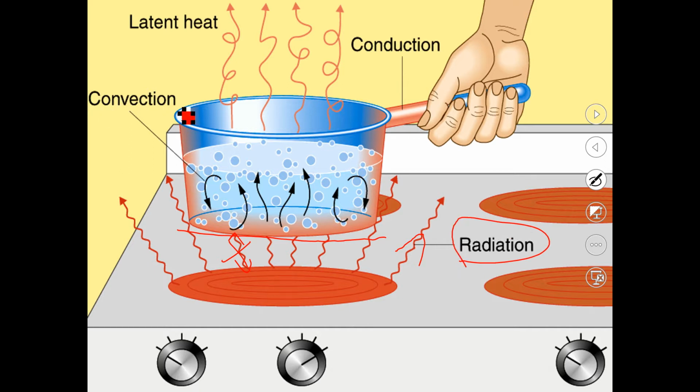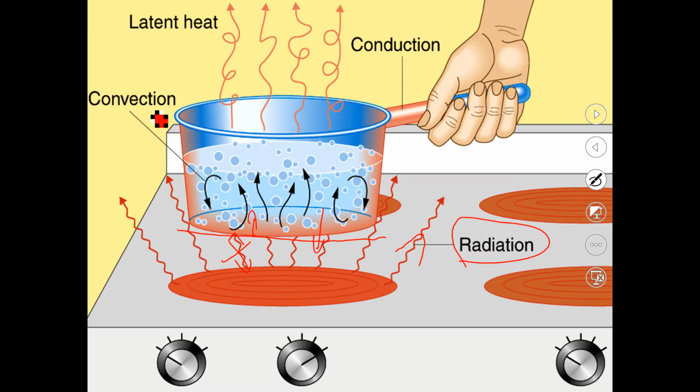And convection: the water particles are not connected directly to the heat source, they are connected through the plate. The plate transfers the heat into the water, and the particles change state from liquid to another kind of state.